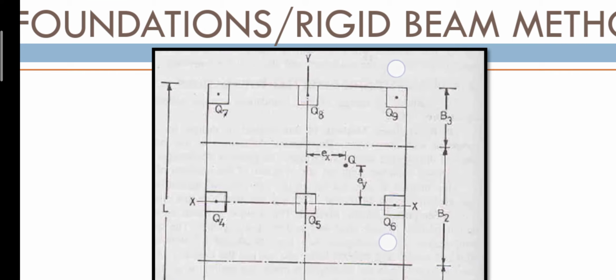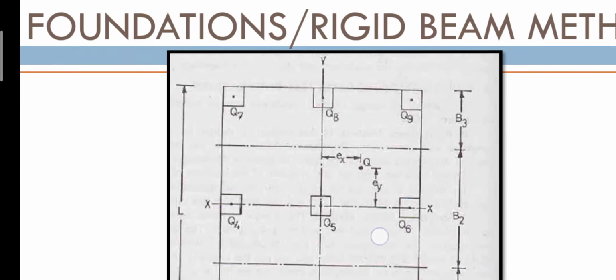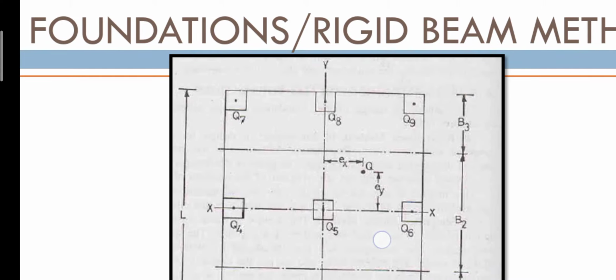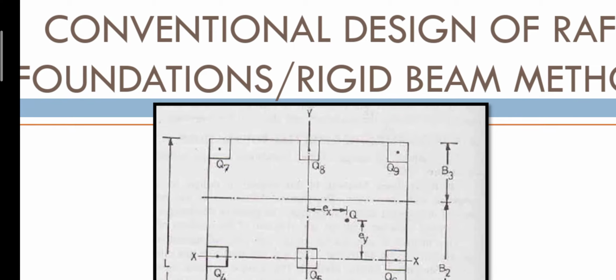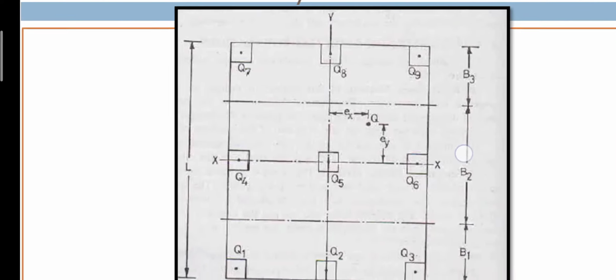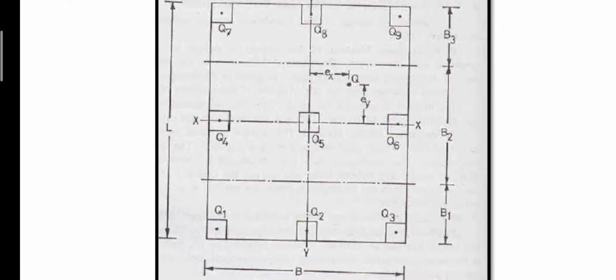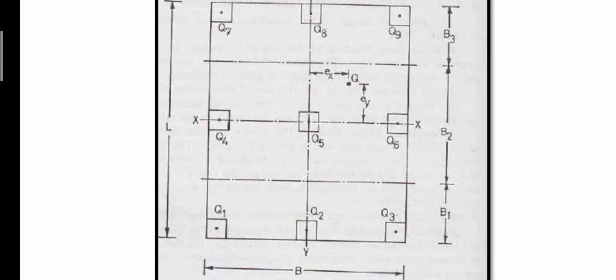Center லேருந்து it is at a distance of ex in the x direction and ey in the y direction. X direction ல eccentricity is ex and in the y direction the eccentricity is ey.